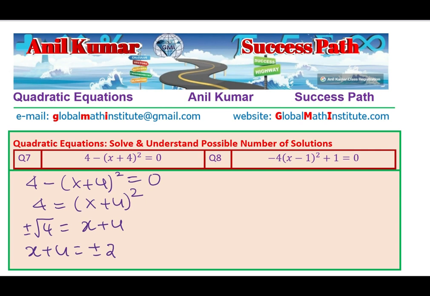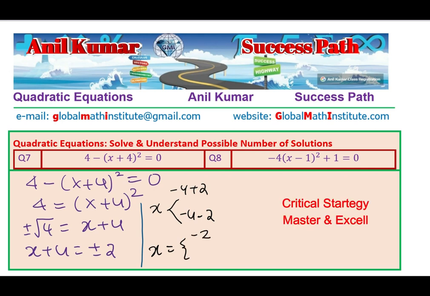Well, that gives us two possible situations, one of them being that x is, let me rewrite this as kind of like this, okay? Minus 4 plus 2 or minus 4 minus 2. So that means x is either equal to minus 4 plus 2, which is minus 2, or minus 4 minus 2, which is minus 6.